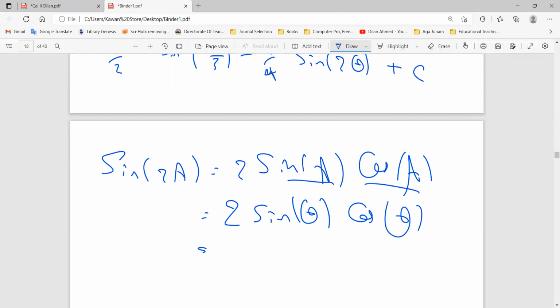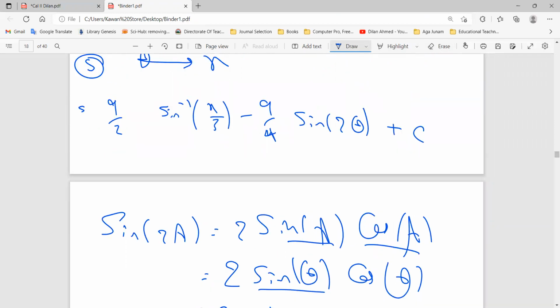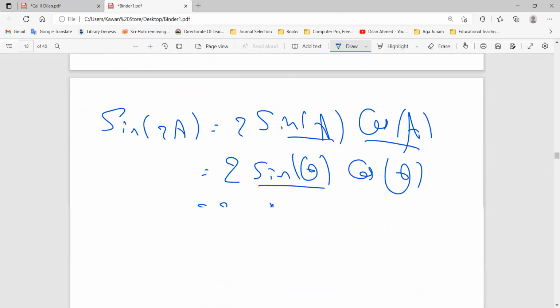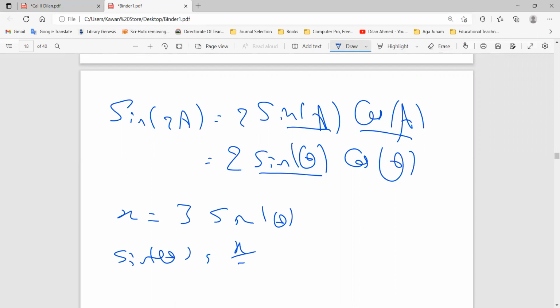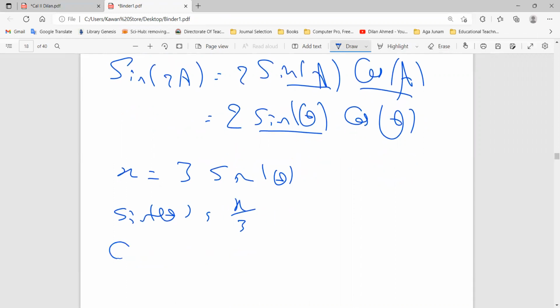And I know sine theta is equal to what? We saw that before. We see that x is equal to 3 sine of theta, right? So sine of theta is equal to x over 3. How about cosine of theta?